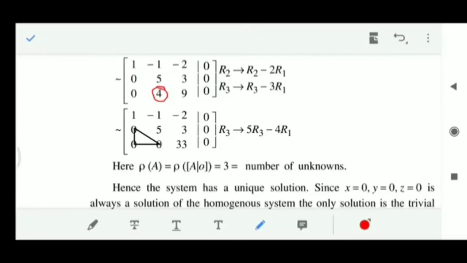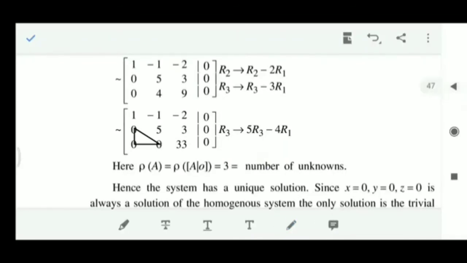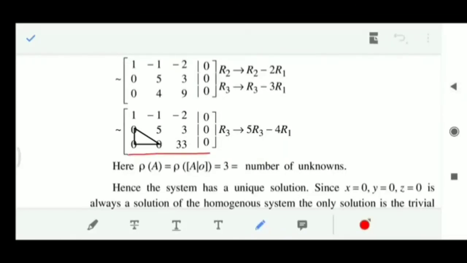For that I have to look at the second row, second column, 5. So the transformation here is R3 implies 5 times R3 minus 4 times R2. Then the element 4 becomes 0. If you simplify this, you will get 0, 0 and 33 as the third row.